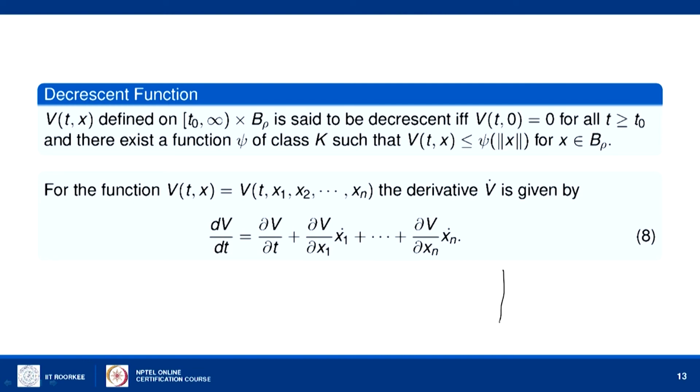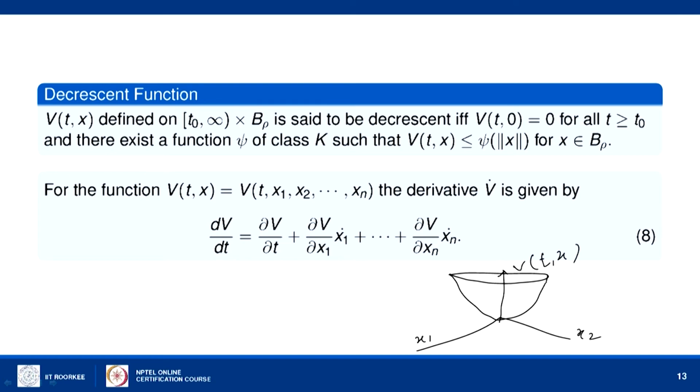So, decreasant means, if you have two variables x1, x2 and this is V(t, x1, x2). If you have a surface V something like this, then it keeps on changing with respect to t.